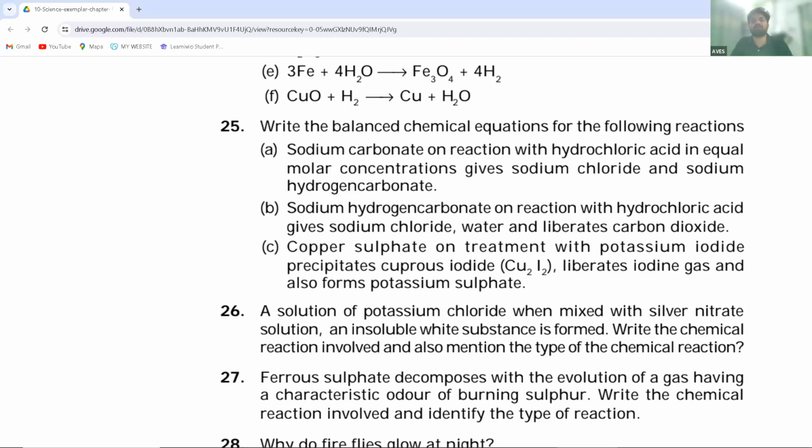Harshit, turn on your camera. Then question number 25. You are visible, but the light behind you is making you look black. Are you done, everyone? Question number 25. Yes or no?